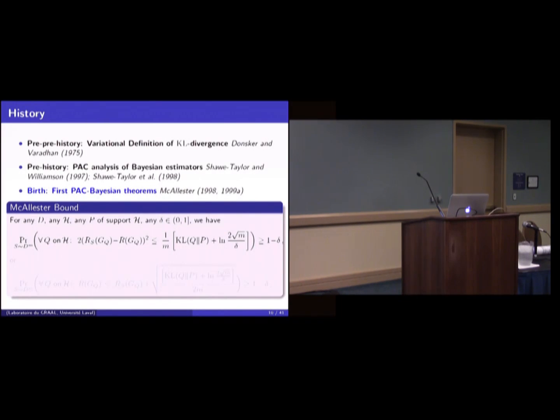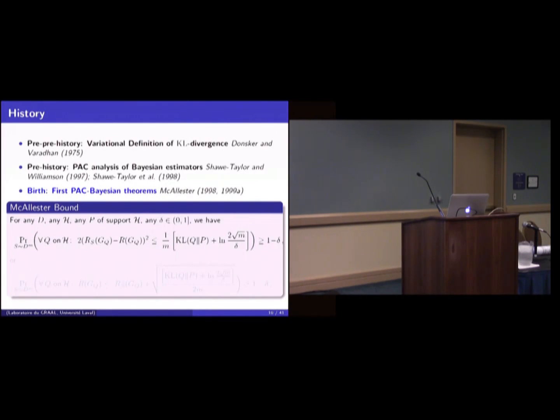You have a PAC bound, so the probability will hold almost all the time. And what is the bound saying? It's saying first that for any distribution Q that you want to find, the bound is uniformly valid for any majority vote that you would like to consider.